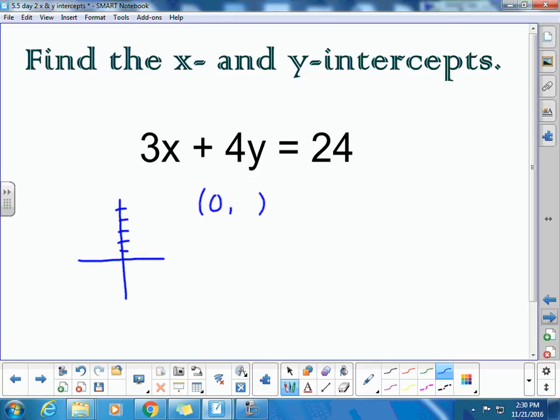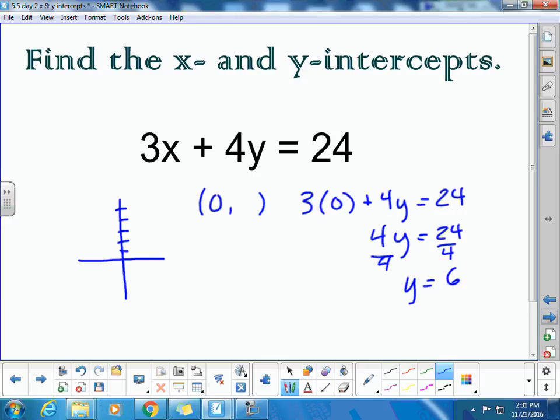If I plug in 0 for x, you get 4y equals 24. Let's divide by 4, and you get y equals 6. So I am going to cross at (0, 6), counting 1, 2, 3, 4, 5, 6, which is right there.